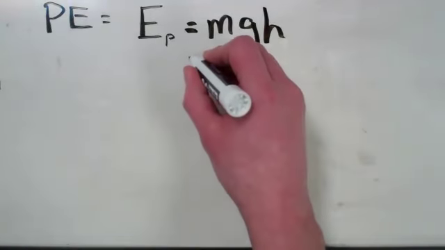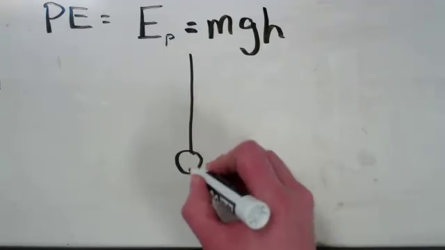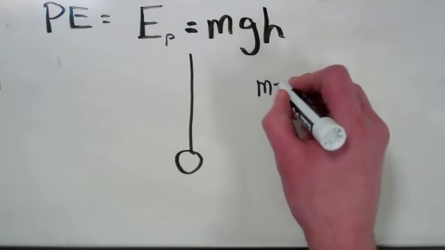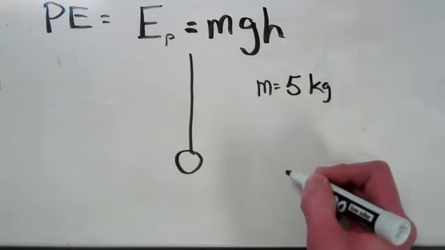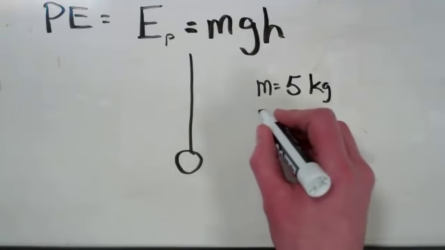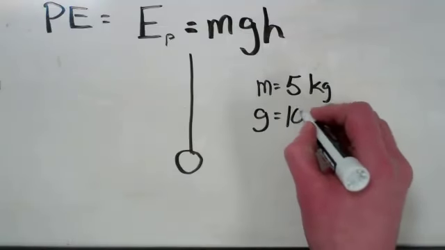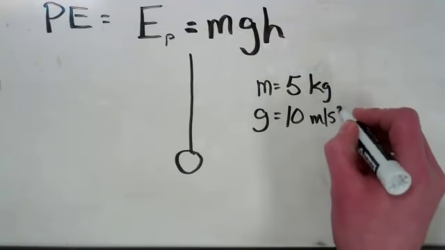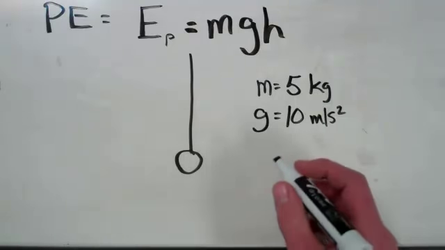So if this is my pendulum right here hanging straight down, let's say that that bowling ball has a mass of like 5 kilograms. And gravity was 9.8. But just for the sake of keeping our math simple, let's round that up to 10 meters per second squared. But you guys know it's really 9.8 meters per second squared to be a little bit more precise.